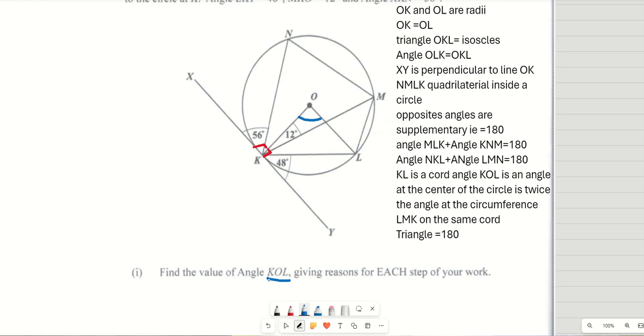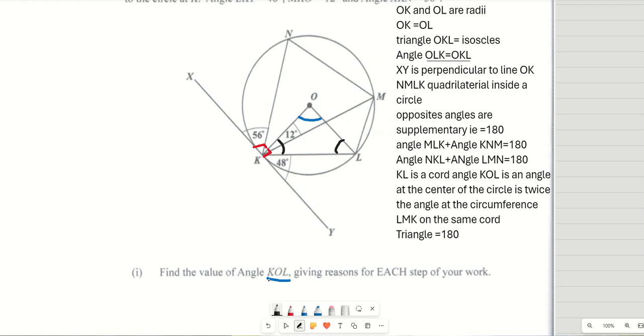We know that if we find this angle here and this angle here, we can find this angle here by subtracting these two angles from 180. These two angles are also known as OLK and OKL, right?